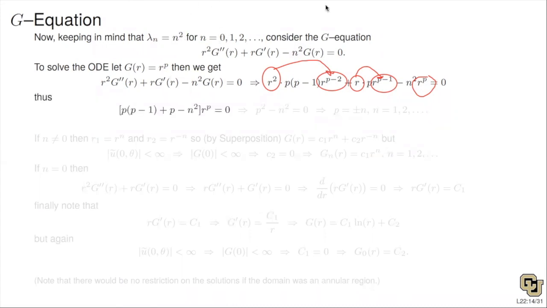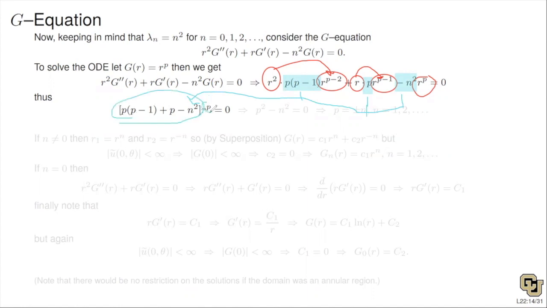When you factor out the common term, what's left inside is P times P minus 1, plus there's a P right here that's left, and this minus n squared. And if you look at these things, that's exactly what we have left in here.